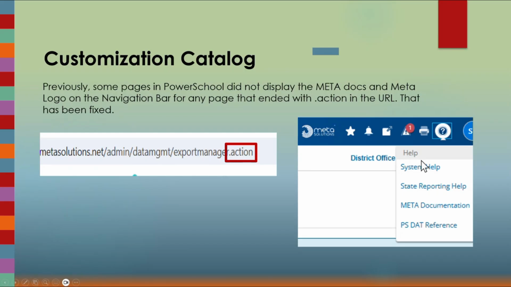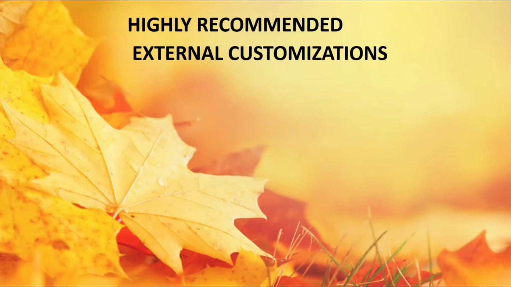Our help and meta logo were not displaying, but they do display now. So if I'm on Data Export Manager, I can still come up to the question mark and go to my meta documentation. That's for any page that ends in .action. So those are the meta customizations.